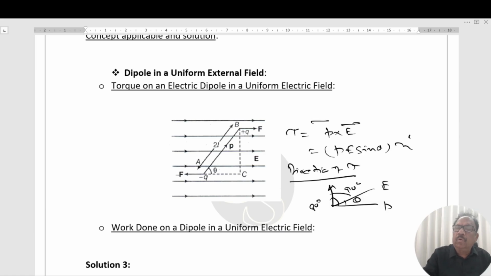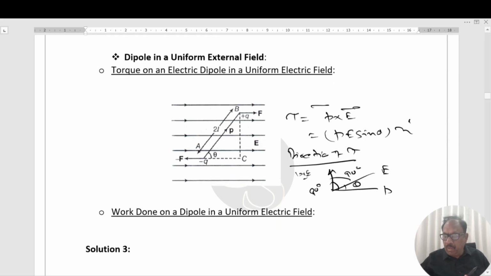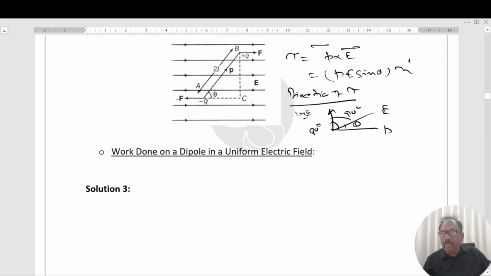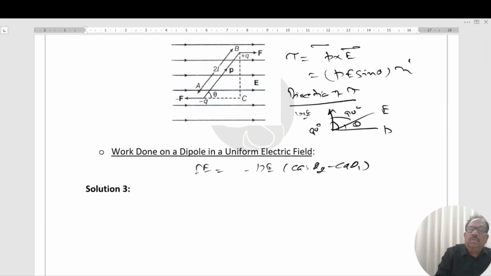So this is P cross E, right? And next, work done in the dipole. Work done, potential energy, equals minus PE (cos theta 2 minus cos theta 1). In this case, theta 2 is given as 60 degrees, theta 1 is given as 0 degrees.